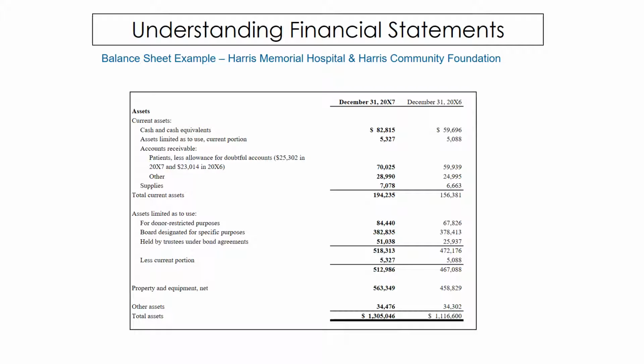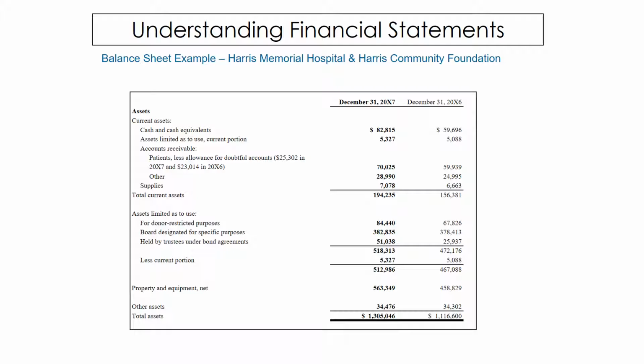But there's some in a not-for-profit hospital that are based on donor restricted purposes. The donor has said, here's when it has to be used and here's what it will be used for. So they have $84,000 in assets based on that. They have a board designated for specific purposes. So the board has said we have assets that are to be used only for certain purposes.